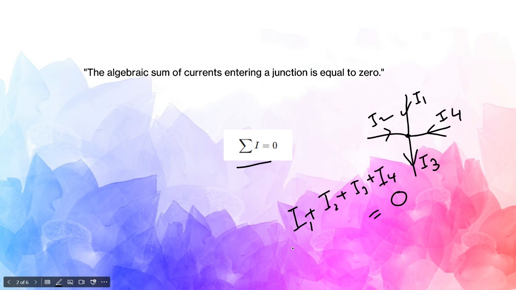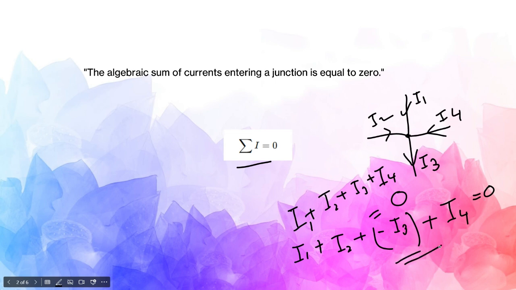So we can correct the equation like this: I1 plus I2 plus minus of I3 plus I4 equal to 0. So this is Kirchhoff's current law.